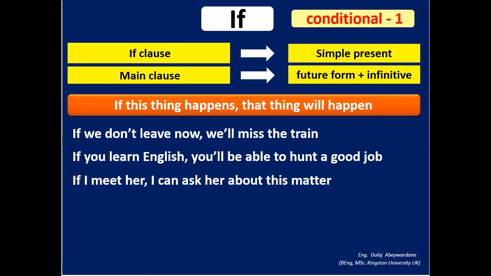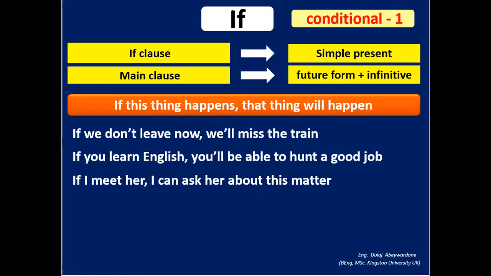Now here you can see something different. I told you the future condition is in the main clause, but that's okay. The if clause is in simple present, but the main clause is not in will. Here can has been used. What do I mean by can here? It indicates something in the future form.